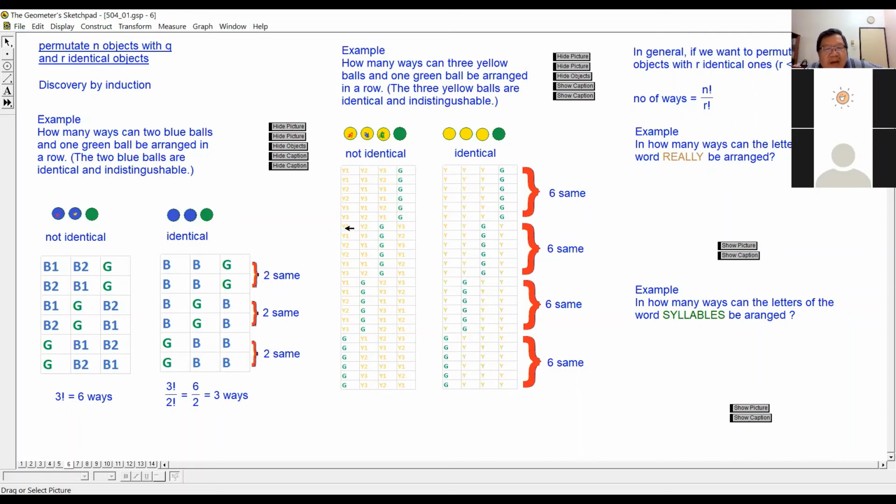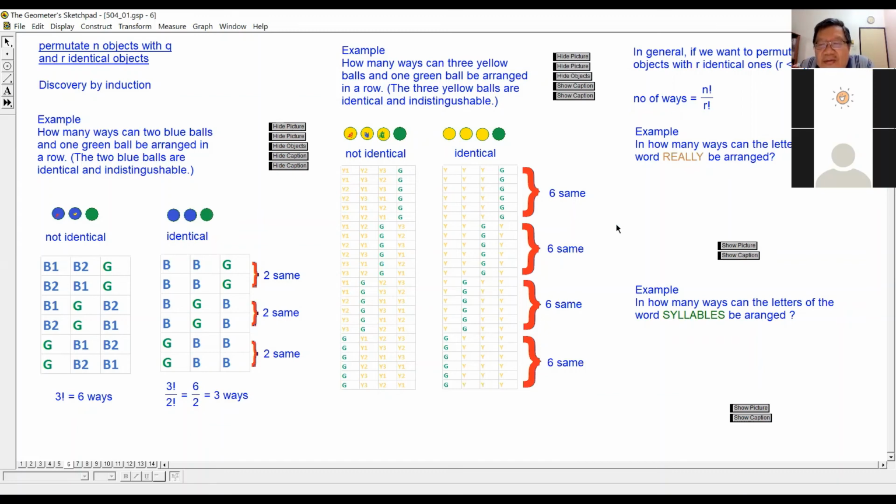When I have this type, yellow, yellow, green, yellow, they have 6 different types if they are different. But if they are all the same, all the 6 different types become one only. And we can group them into groups of 6 where they are all the same.